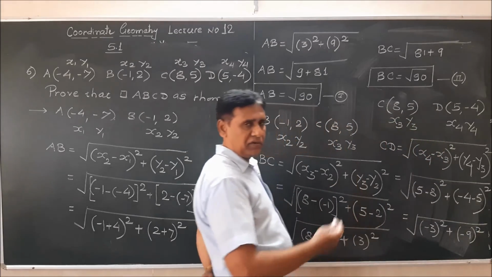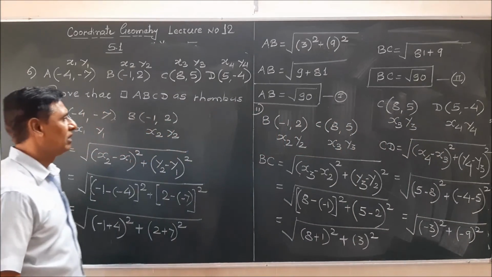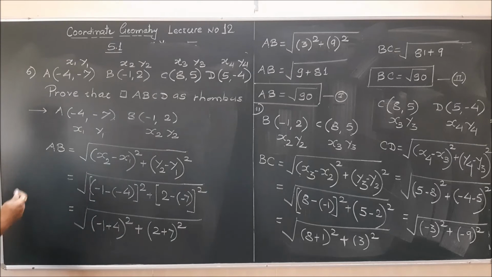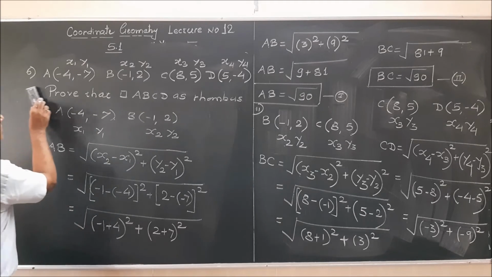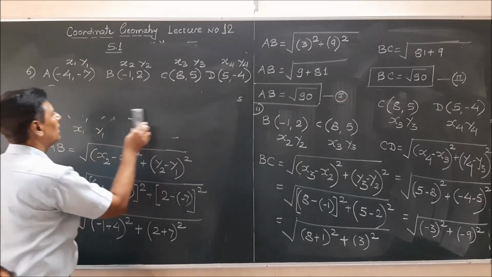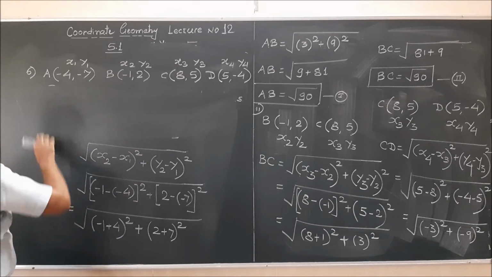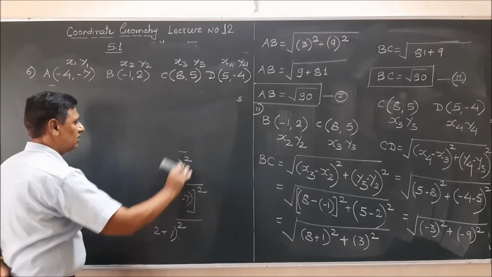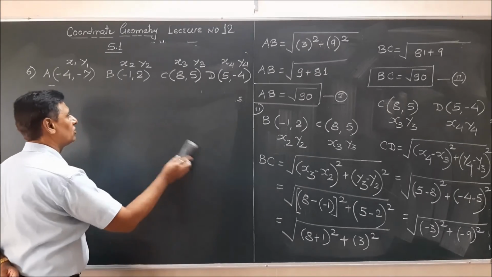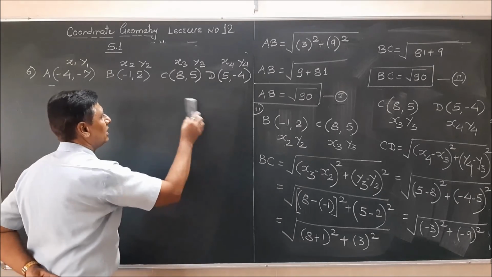So I am going to continue the same thing over here on this board. Please have a look at this board for some while. Now I am going to find out the value of CD.